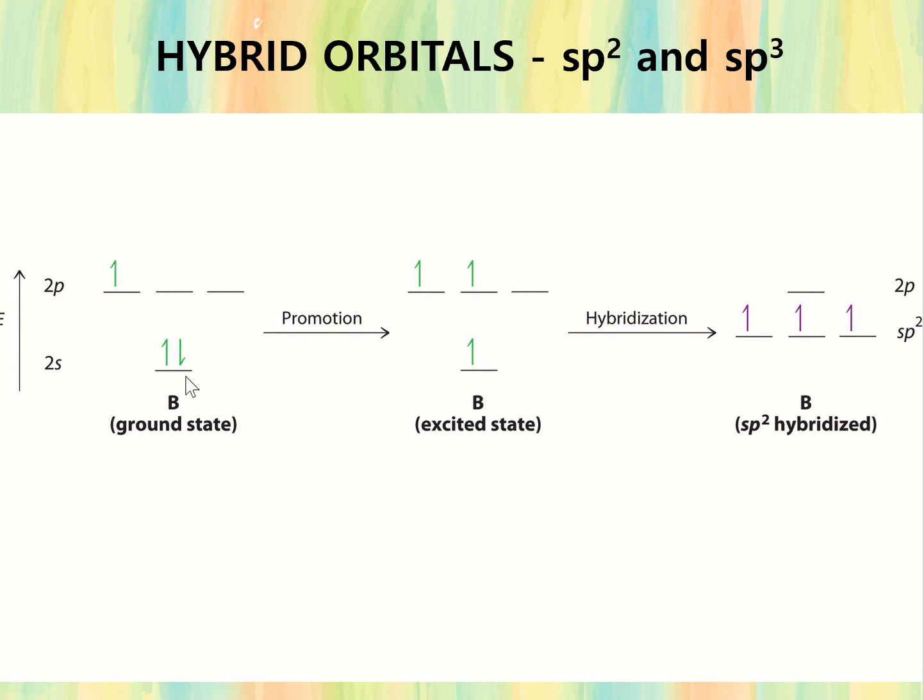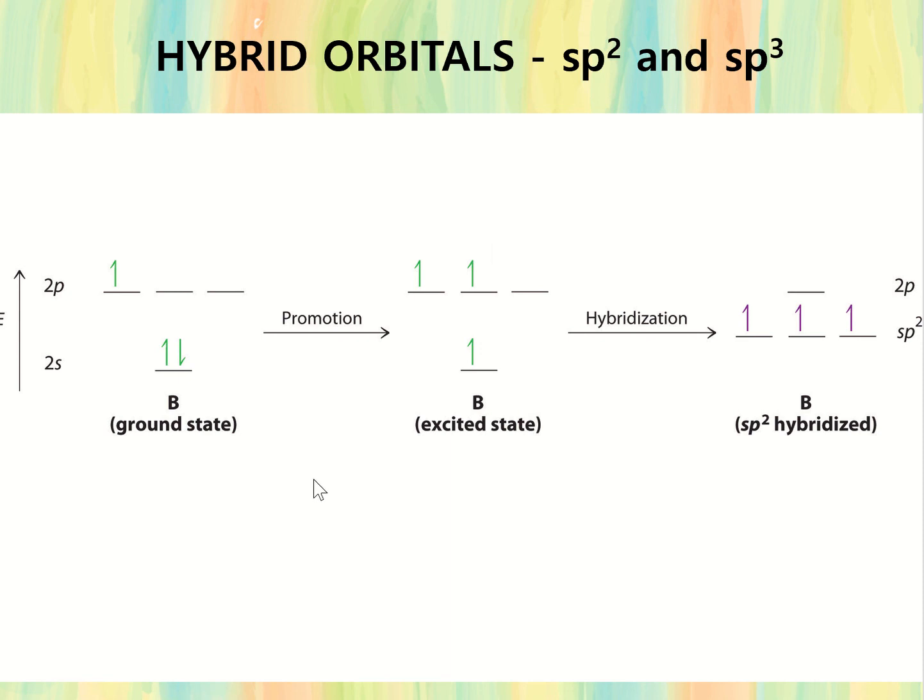In a similar fashion as we saw for beryllium, we're not seeing the 1s2 electrons. We're seeing the 2s electrons, the paired electrons, and the 2p electron. This is the ground state configuration of boron. Upon excitation, one of these electrons is promoted from the 2s subshell to a 2p subshell, seen here.